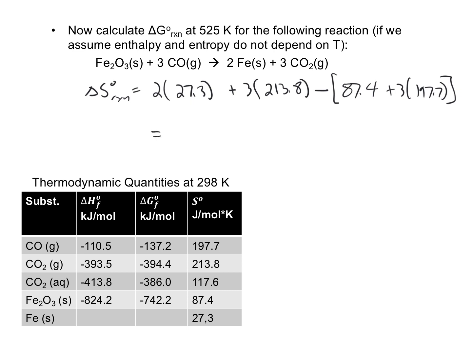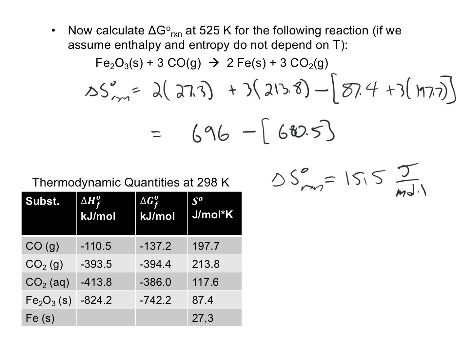All right, and now when I add up all of these, I get 696, and then minus inside the brackets, I get 680.5. And for delta S naught reaction, I'm getting 15.5, but now the units are joules per mole Kelvin. All right, and we'll finish this up on the next slide.